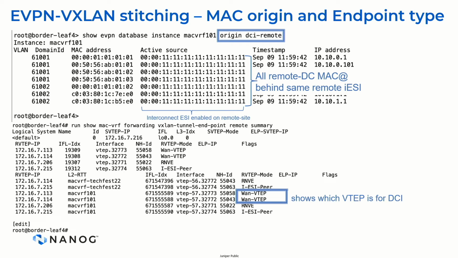And then from the tunnel perspective, we have specific flags which will tell us whether I have my reachability for the DCI connectivity, or to the fabric, right? So we can see that that's another flag that we added in order to distinguish between different types of VXLAN tunnels, right?